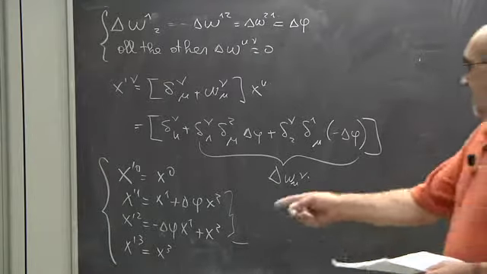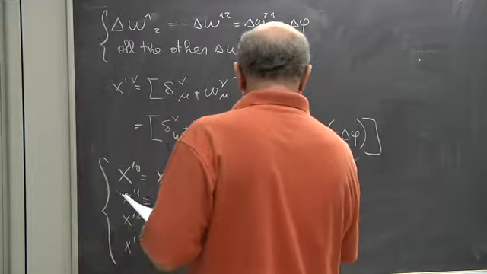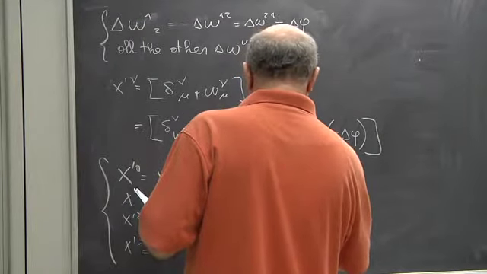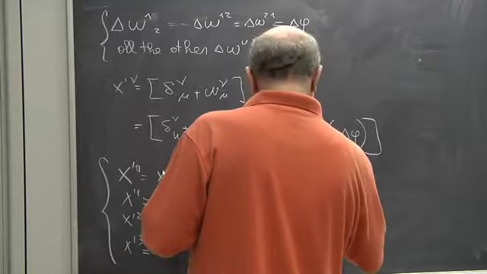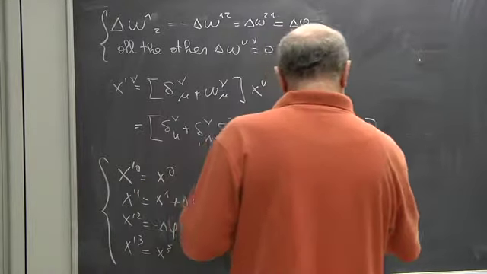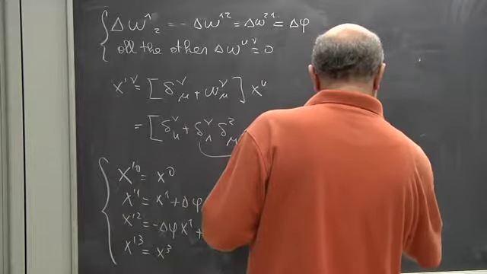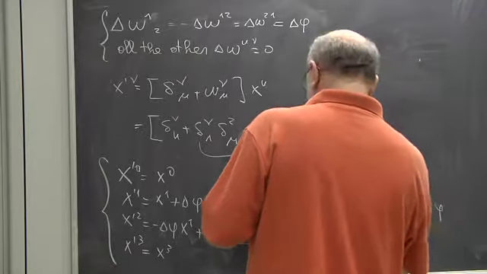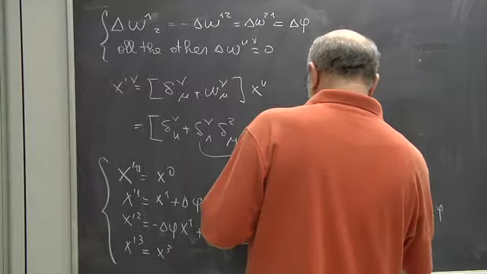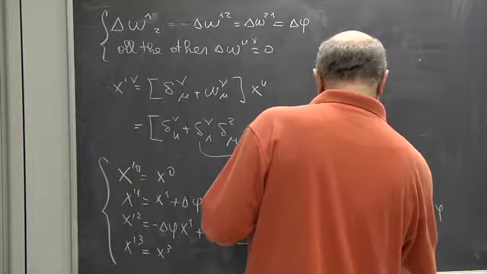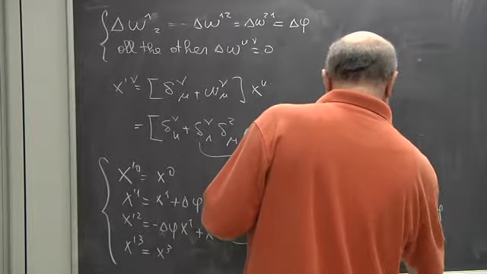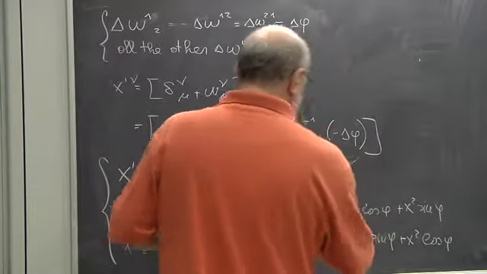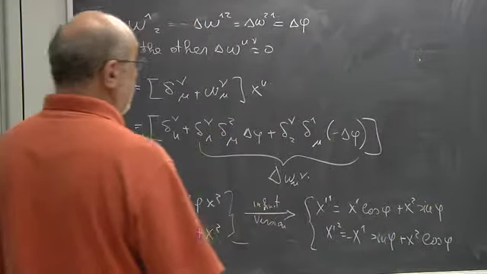Means basically this is the infinitesimal version of the following transformation: x prime 1 equal x1 cosine phi plus x2 sine phi, and x prime 2 is equal minus x1 sine phi plus x2 cosine phi. Okay, the infinitesimal version of that is this one.